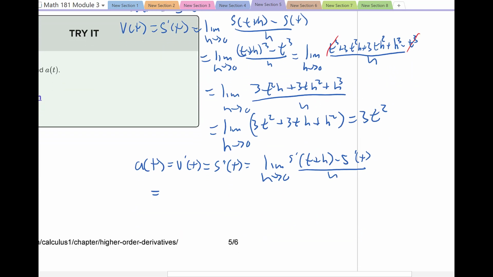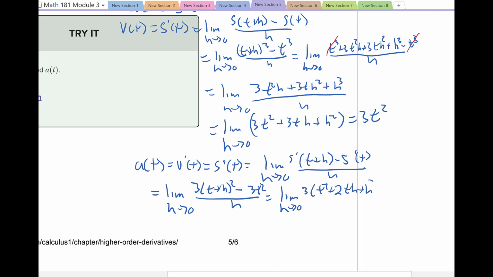So that's going to give us the limit as h goes to 0 of 3 times t plus h squared minus 3t squared all over h, the limit as h goes to 0 of 3 times t squared plus 2th plus h squared minus 3t squared all over h.